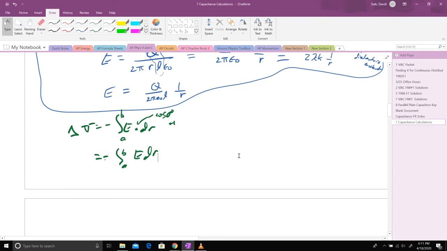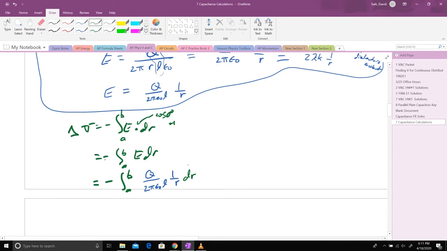It's changing. If I substitute that in there, I'm going to get negative integral from A to B of Q over 2 pi epsilon naught L times 1 over r, and then I have my dr. Okay, and that's my calculation. Hey, look, all this chunk at the start here, these are all constants as I go from the inner plate to the outer plate.